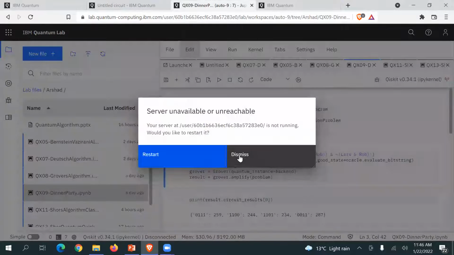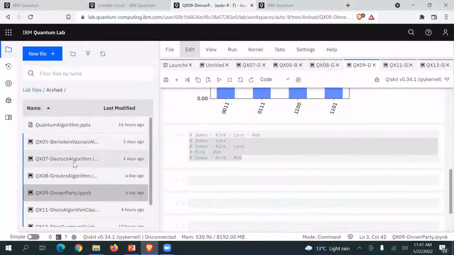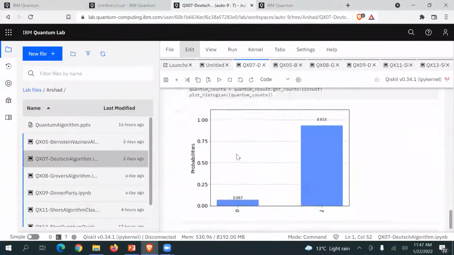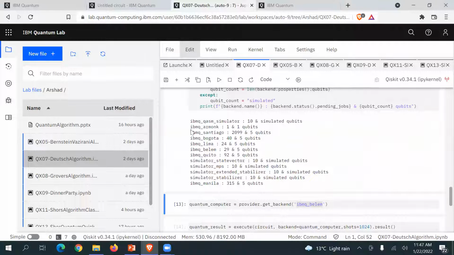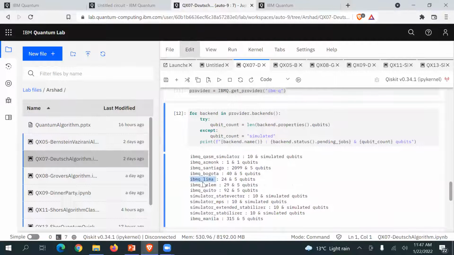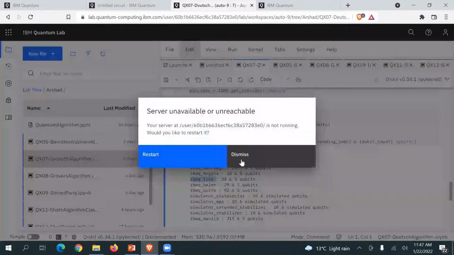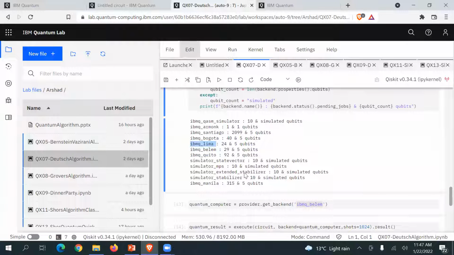Let me show you one thing. There are a lot of simulators already, and IBM computers are already running. If you run this code, you see there are a lot of providers: IBM Belém, IBM Lima, Santiago, with 5 qubits, and these quantum computers are accessible to everyone.